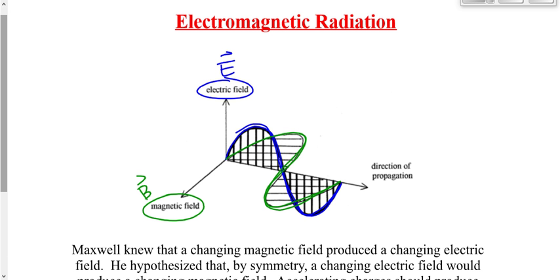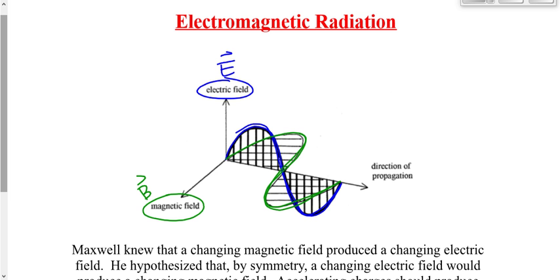The magnetic field right here and the electric field that we have right here cause the electric field right here and the magnetic field right here, which in turn cause the next electric and magnetic fields, and so on and so on and so on.